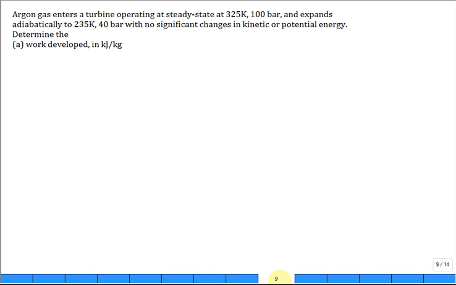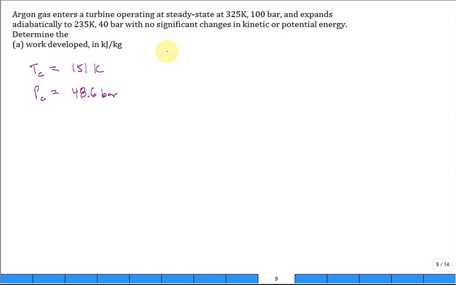This is a problem. What you would do for this problem is find the critical temperature and the critical pressure for argon, that gas. When you look it up, you find the critical temperature is 151 Kelvin. The critical pressure is 48.6 bar.